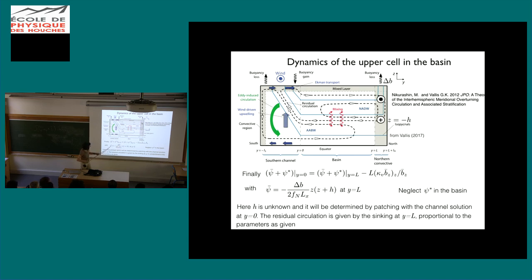These terms are 0, so now you know psi bar at y equal L, and so you have the matching condition with all parameters known except H. So here H is unknown, and it will be determined as part of the solution by requiring that the northernmost value of B here is at depth H. Okay. So that's how it works.